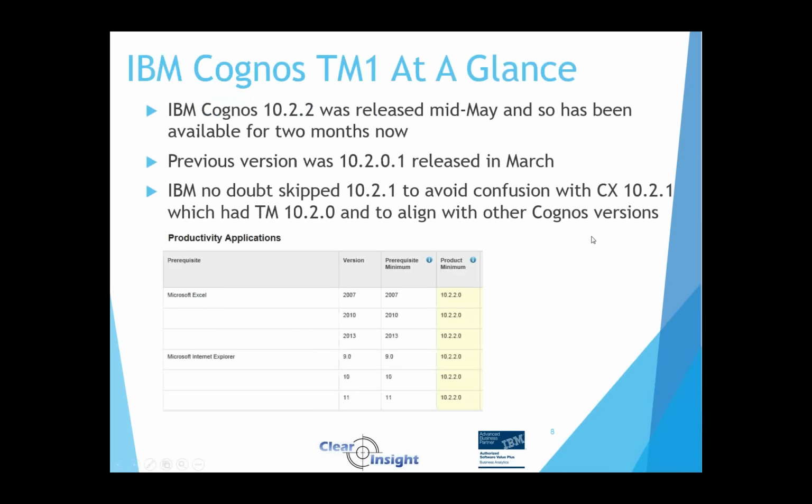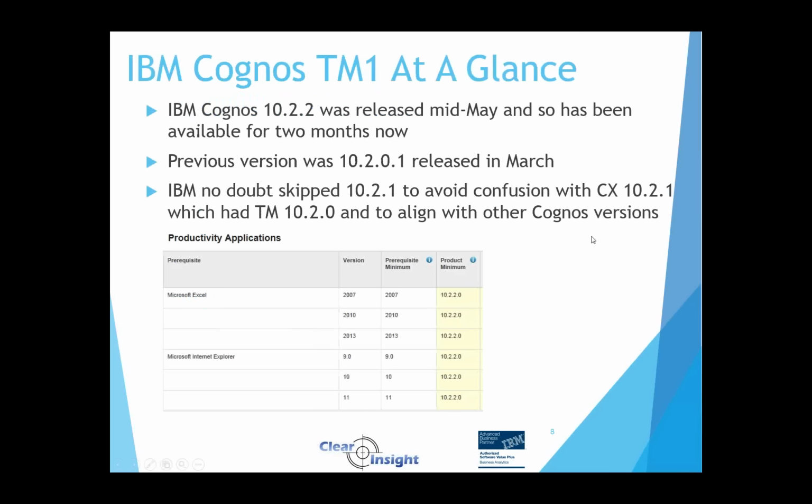So it has been available to Cognos clients for about 2 months now. A number have upgraded, but it takes time for folks to get on. So if you thought, oh wow, it's out for 2 months, you're not behind the 8 ball at all. It's a good time to come on board with it, and this is why we decided to host this webinar at this point in time.